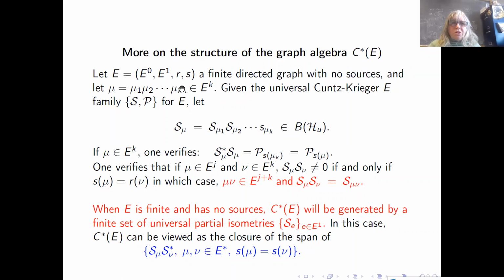So mu starts over here with a source of mu_k, ends over here with a range of mu_1.